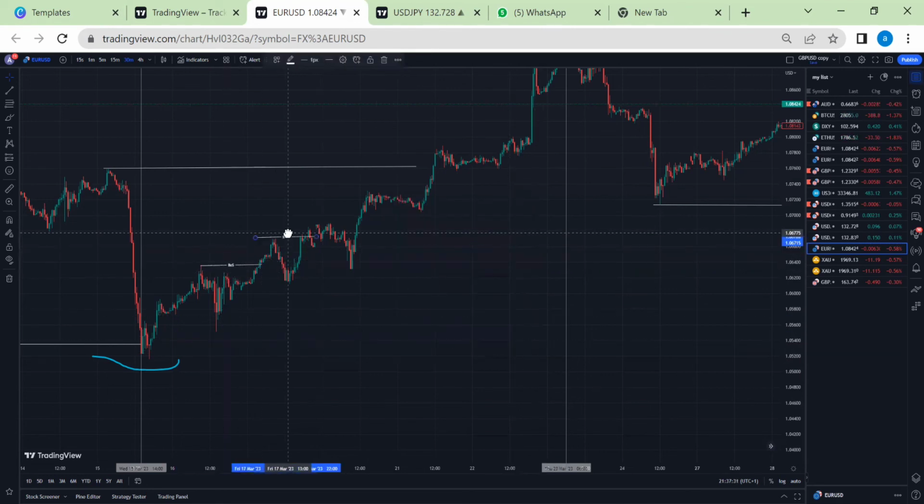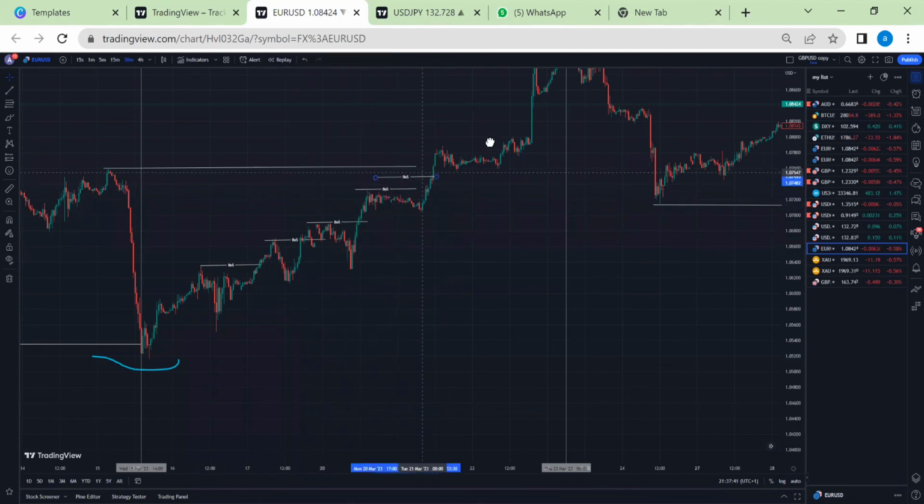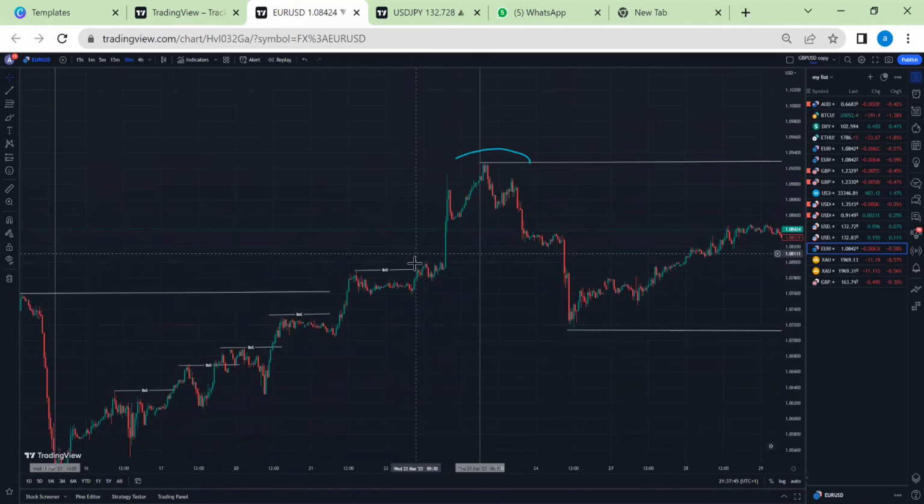We have another BOS. This is protected. We have another BOS. This is protected. We have another BOS, right? This is protected. We have another BOS, right? This is protected. And we have the last BOS, which is this, until this got broken.